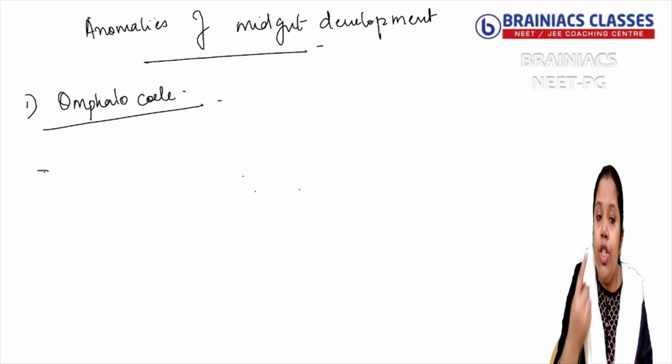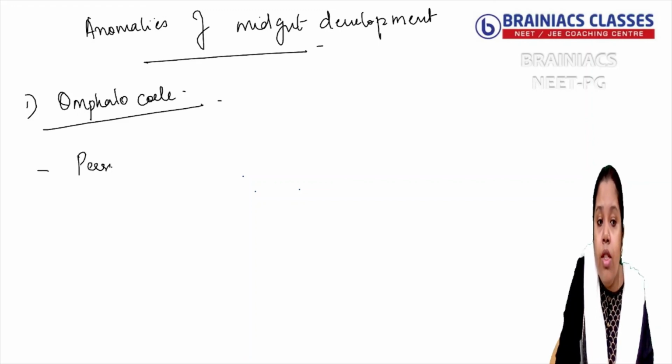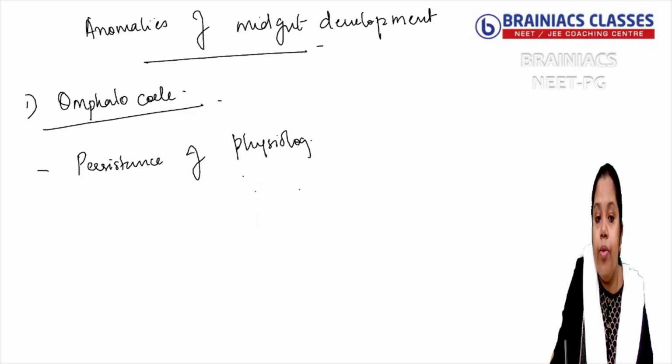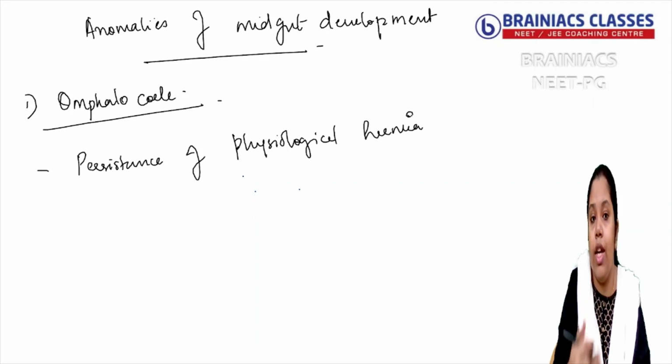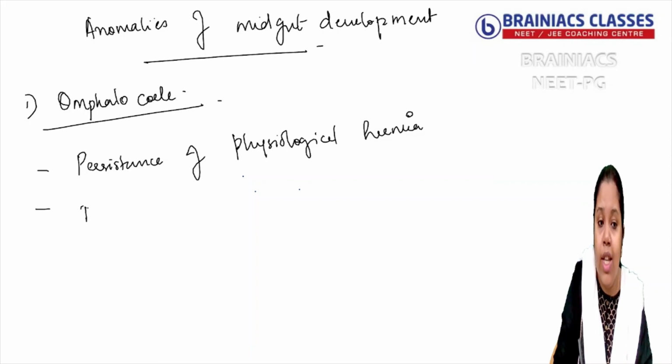This is a condition that occurs due to the persistence of physiological hernia. That is, the midgut loop that entered into the yolk sac via the vitellointestinal tract fails to reduce. So what you can see is the intestine.